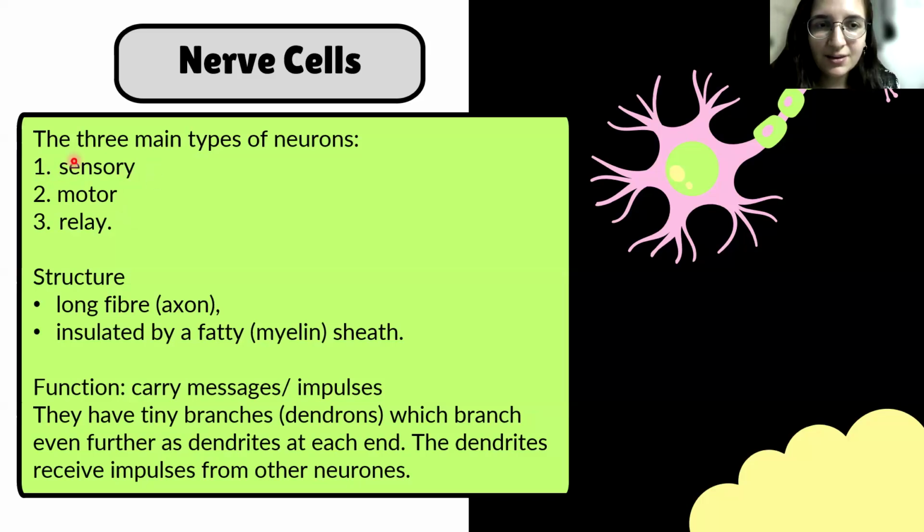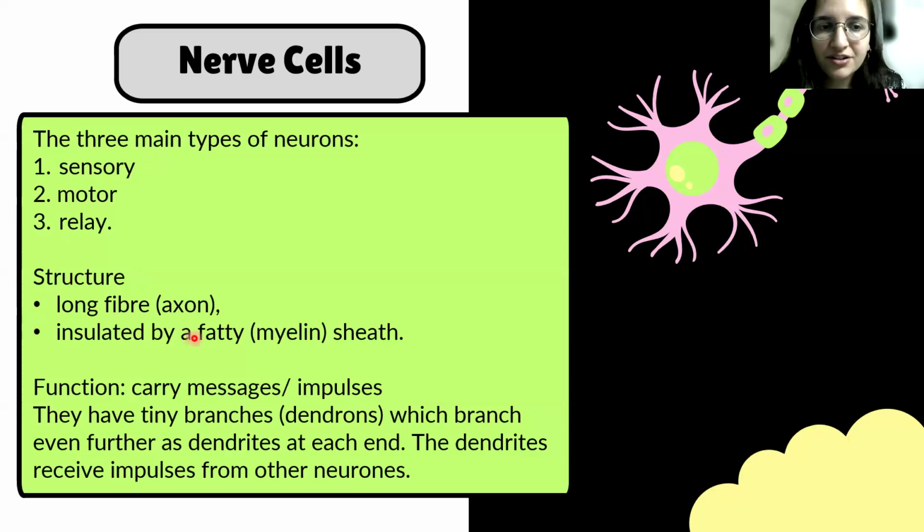It will detect or sense the change. Motor neuron is the one that reacts to the change. And then relay neuron is like a messenger. It relays the message from the central nervous system to the motor neurons, for example. The relay neuron is the messenger. Motor is the one that reacts. Sensory is the one that senses.